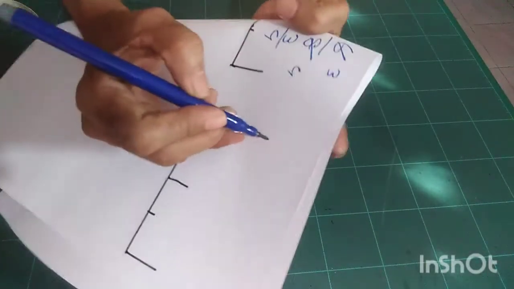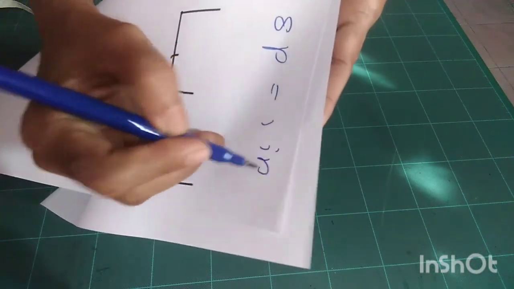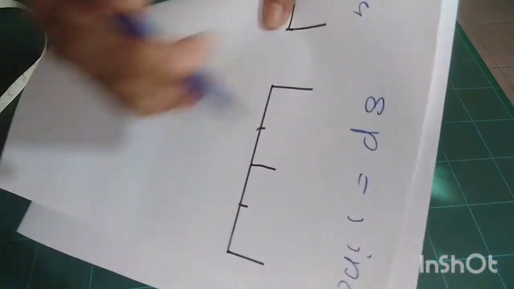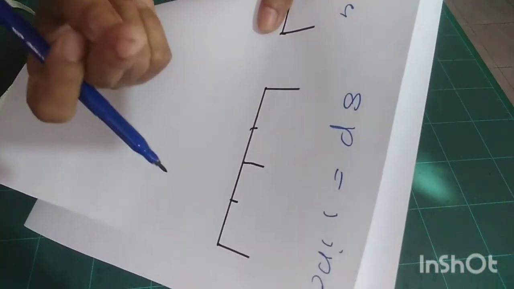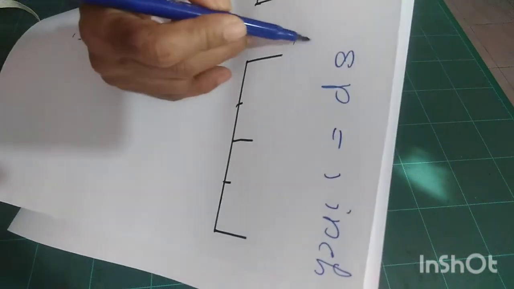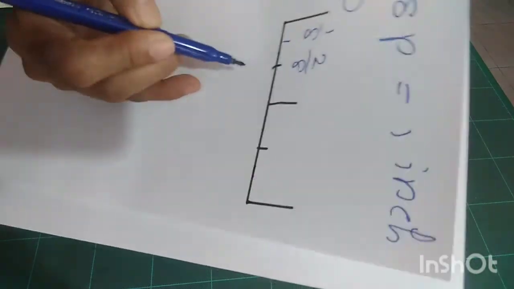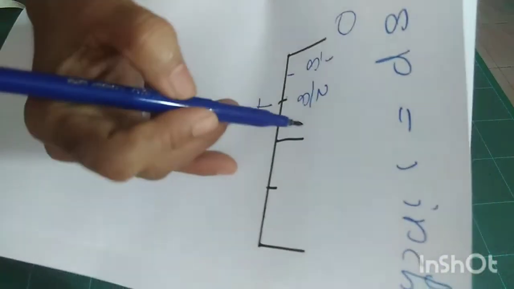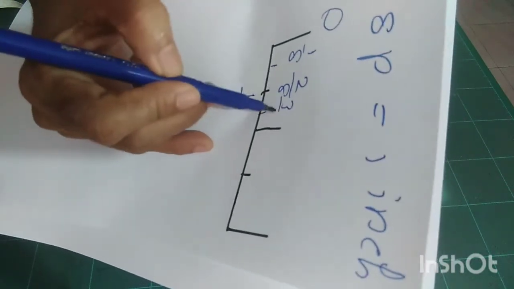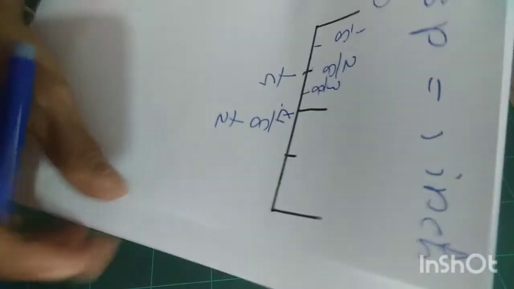Again, 8 points is equal to 1 inch. In Sinhala we call 1 point nula. Again 0, 1/8, 2/8 is equal to 1/4 inch, 3/8, 4/8 we call half an inch.